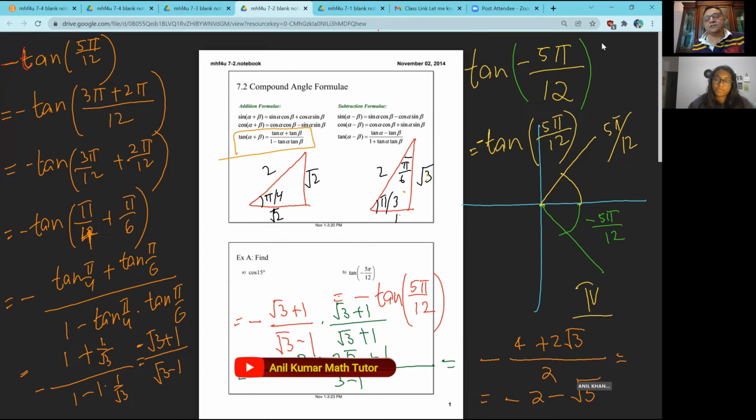So that is my answer for tan of minus 5 pi by 12. Do you see all this? So did you move the 2 from the bottom? Yes, I simplified. Correct. 4 divided by 2 is 2, and 2 square root 3 divided by 2 is square root 3. The minus sign was outside.